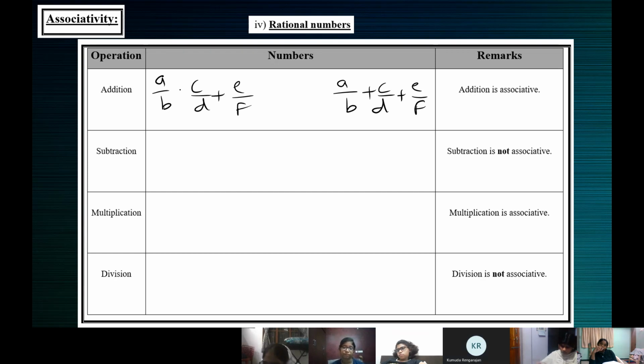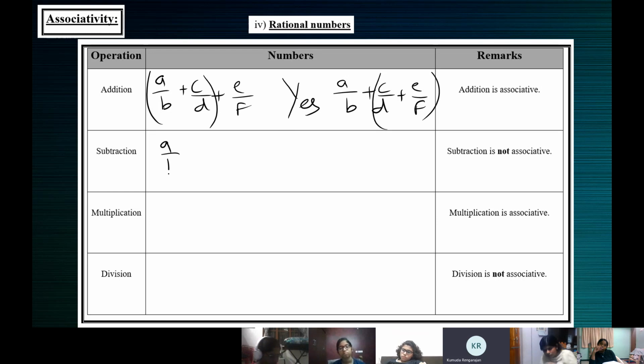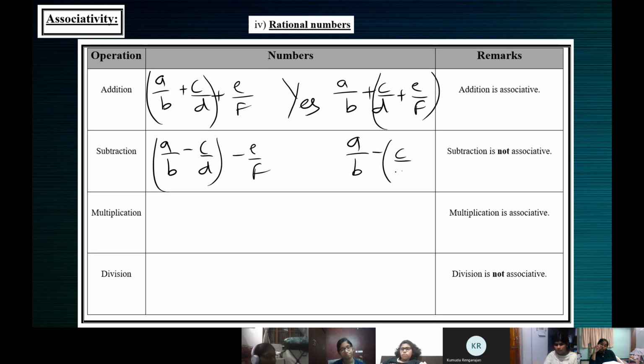I group the first two, I group the last two. I'll get the same answer. But here, when I do this, I'll not get the same answer. We'll get different answers.